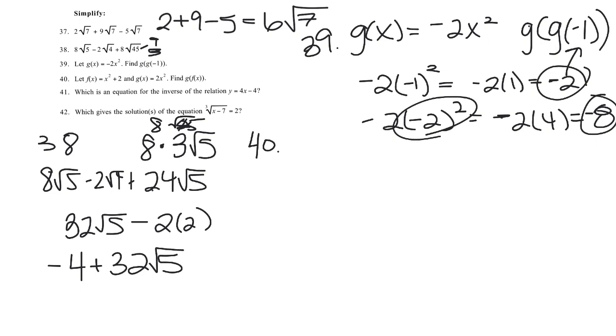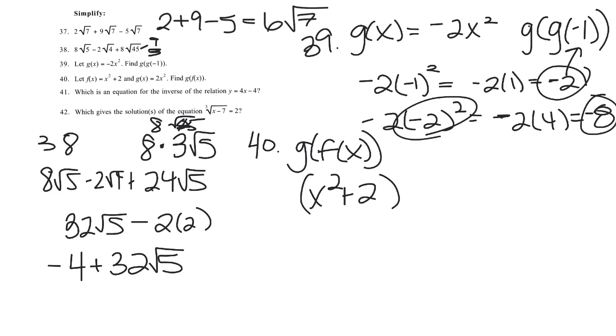Number 40, let f of x equal x squared plus 2 and g of x equal 2x squared. So that's g of f of x. That means I'm going to take f, x squared plus 2, and I'm going to put it into the function for g. So I'm going to replace in g the x squared.